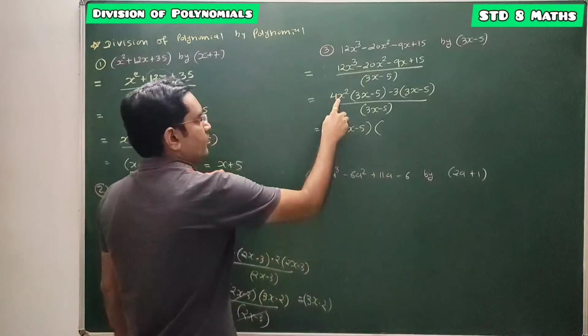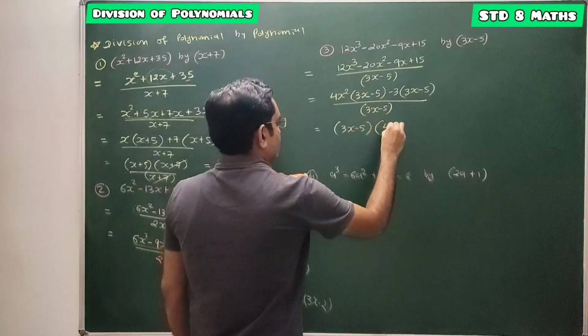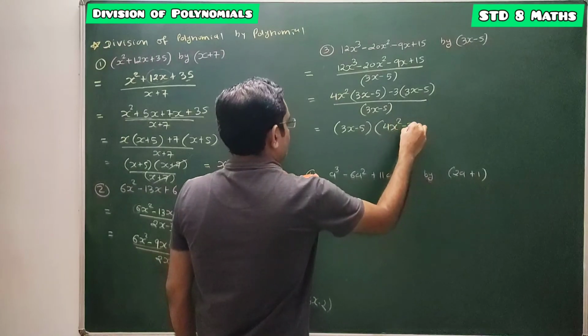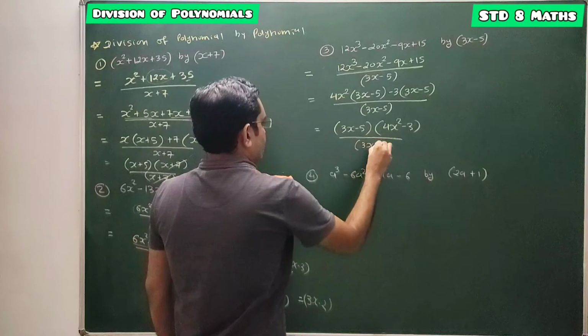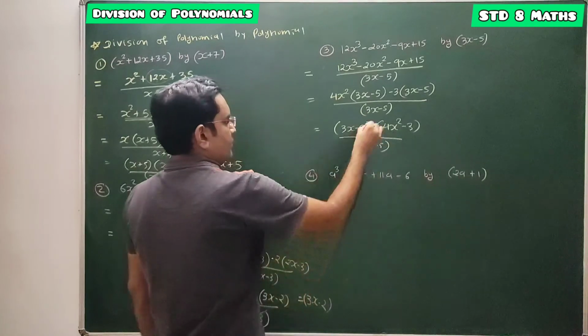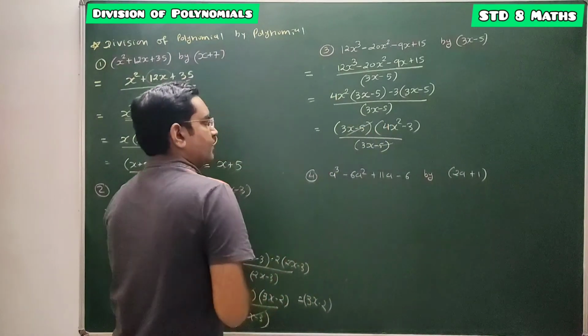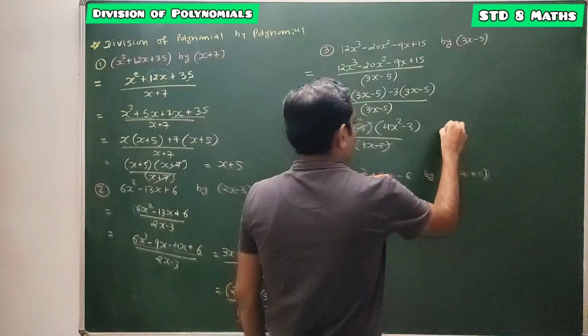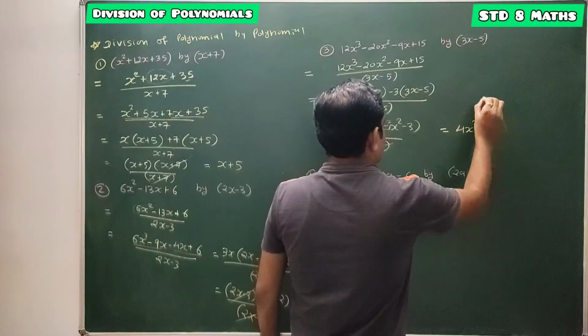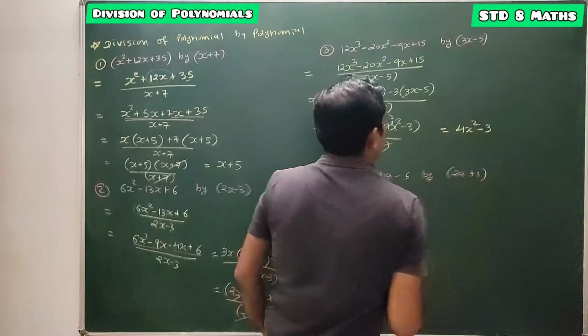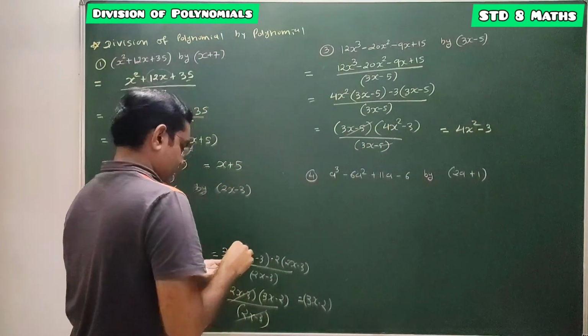Remaining terms are 4x square minus 3, divided by 3x minus 5. 3x minus 5 cancels. So our answer is 4x square minus 3.